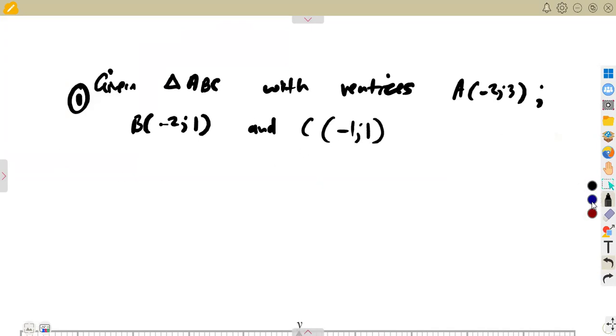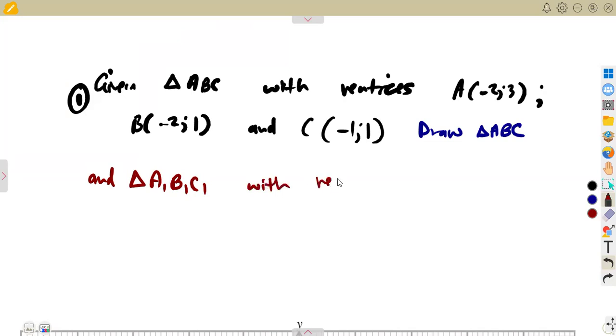Given this triangle, the question is going to ask you to draw triangle ABC. You draw that triangle, marking those points. Also, you'll be given the image triangle A1, B1, C1 with vertices.